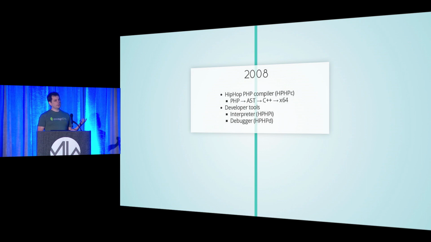There were some developer tools around that. There was an interpreter, which let them run PHP locally in their dev environments, and an interactive debugger. One of the issues was that the interpreter and the actual C++ compiler were really two very separate projects, so there was a deviation in developing one versus the other. They had to maintain feature parity.